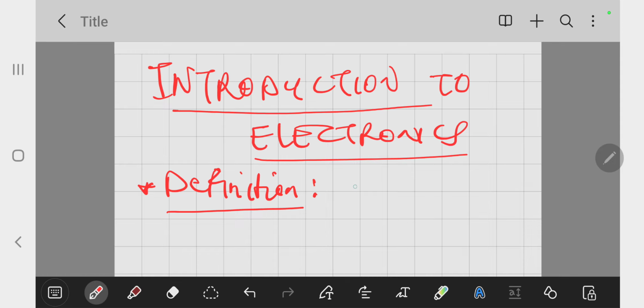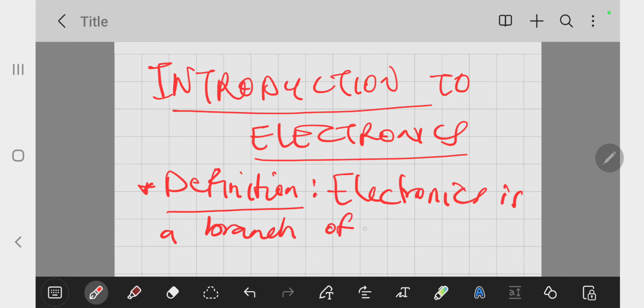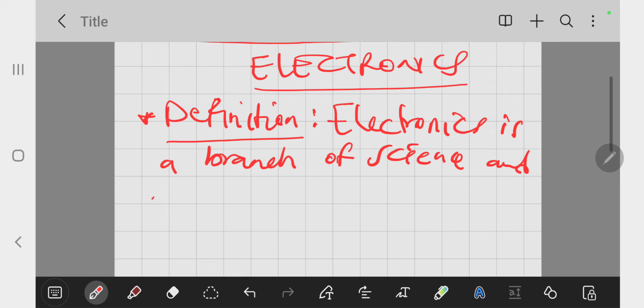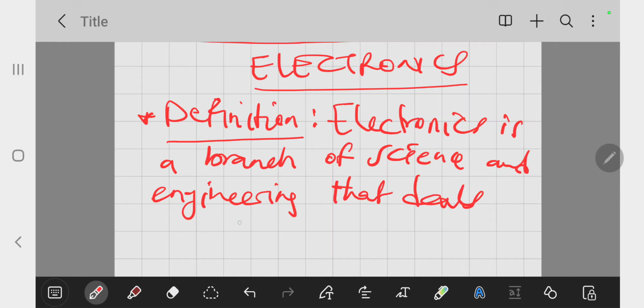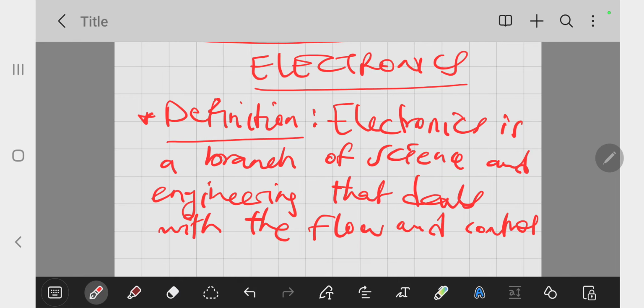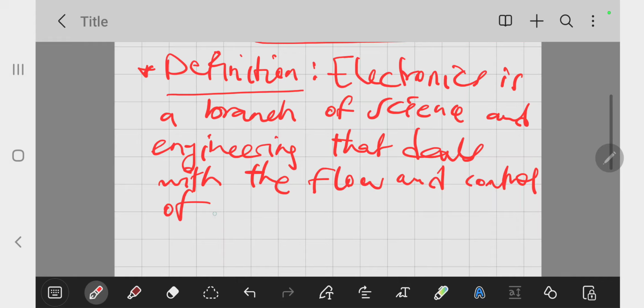In this case, we basically want to define electronics as this: electronics is a branch of science and engineering that deals with the flow and control of electrons.